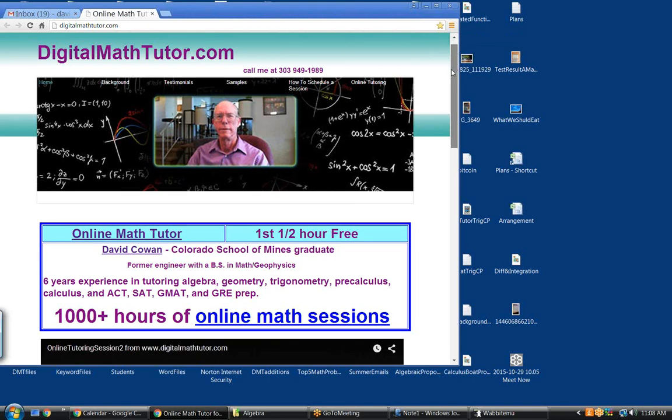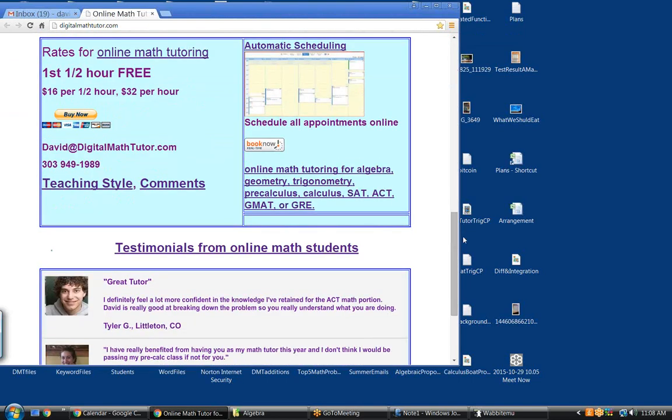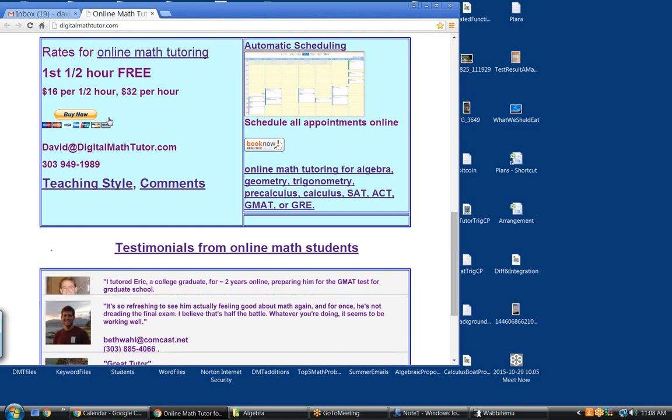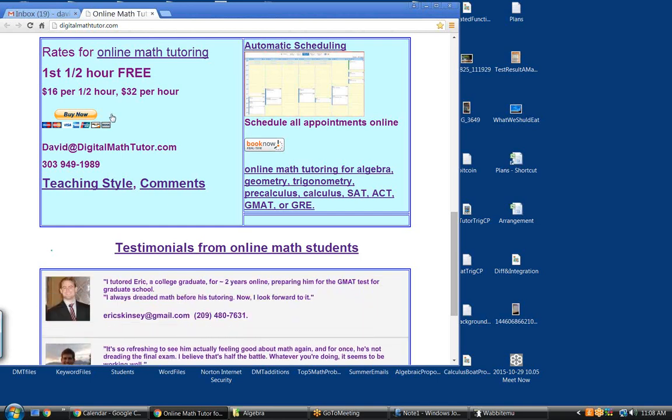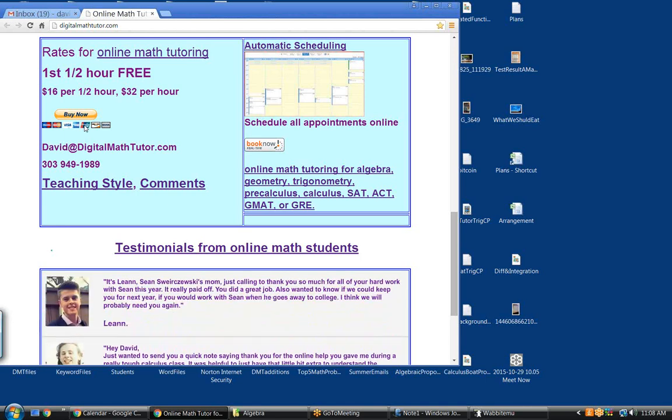Now, if you go to that front page, to pay me, you need to click on that Buy Now. It will allow you to open up a PayPal account if you don't have one. You can use a credit card or your bank to finance it. But this is the easiest way to pay.